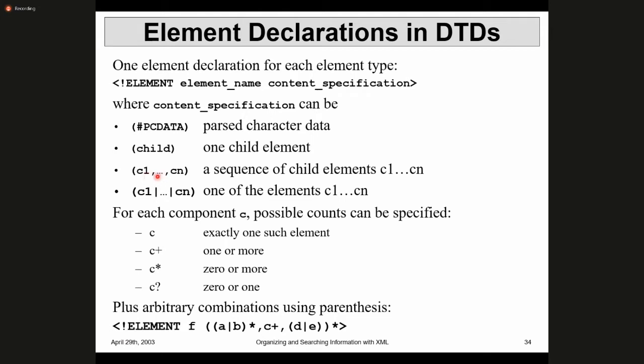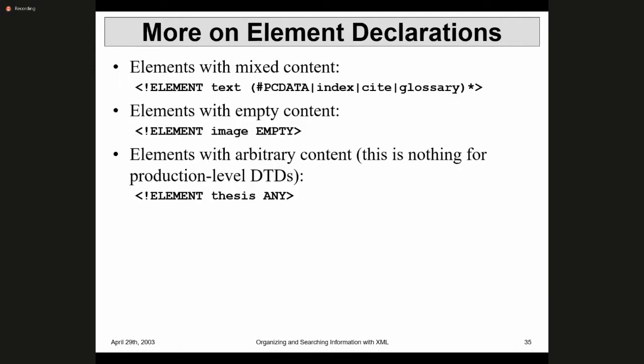So C1, if it is defined like this, that means a multiple sequence of child elements. So plus means 1 or more, asterisk means 0 or more, question mark means 0 or none, right? You have to make sure that you remember these things, right?